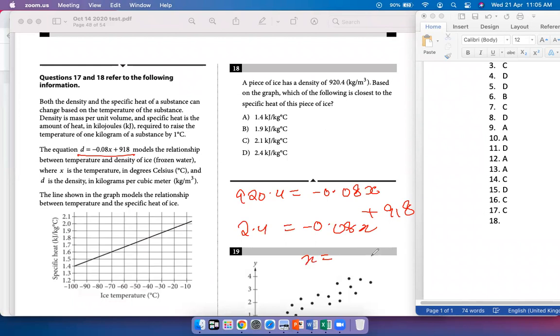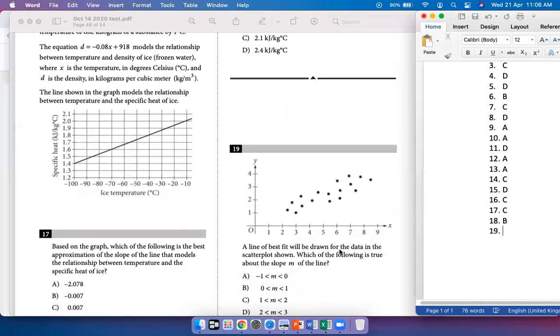So x is negative 3, right? Because, no, negative 30. X is negative 30 because 0.08 into 3 would be 0.24. So if negative 30 is the temperature, then from this graph, my specific heat would be about 1.9. It's closer to 1.9, right, than anything. So it's option B, right? Okay, so let's go with option B.